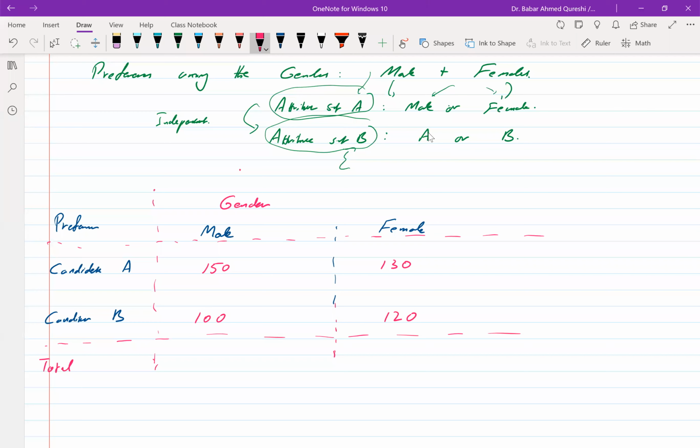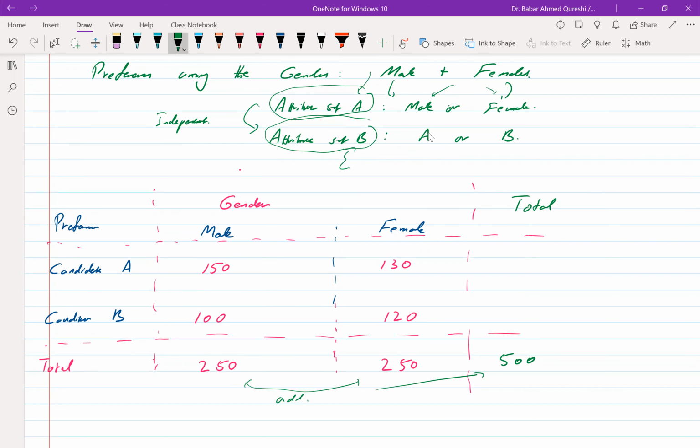So how many males do I have? I have 250 males. And it turns out in this data, I also have 250 females. Over here, I can make an overall total, another total column. So this gives me the total number of the respondents, which I get by adding these two.